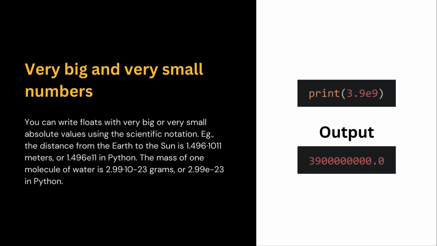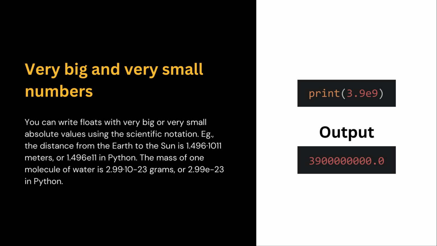Very big and very small numbers. Absolutely. Python allows you to represent very large or very small numbers conveniently using scientific notation. For instance, if you want to express a number like 3.9 billion, you can write it as 3.9e9. Here, the e stands for times 10 to the power of.